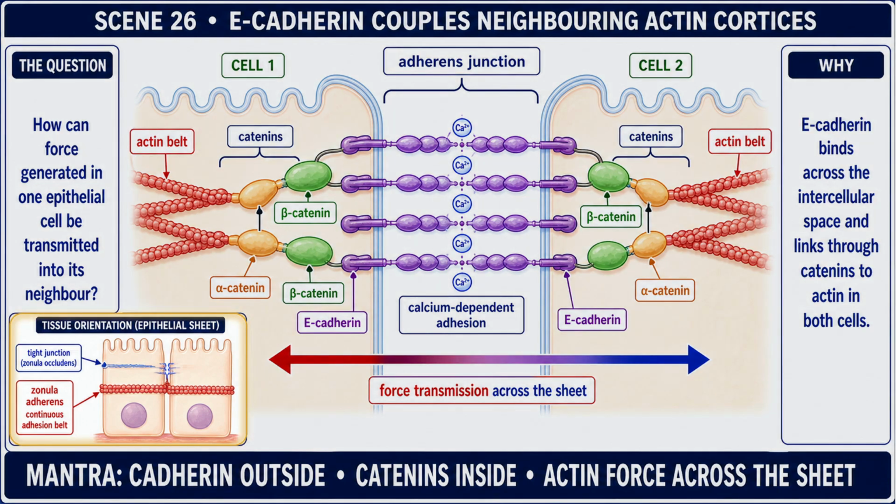At tissue scale, these contacts form a continuous zonula adherens just below the apical seal. Because the actin belt is dynamic, the sheet can change shape while its cells remain coordinated. Cadherin provides the handhold outside. Catenins build the bridge inside, and actin supplies the force that is shared across the epithelial sheet.